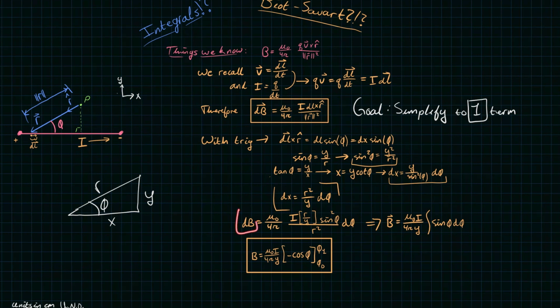So we plug that into our differential b. We have our constant terms, our I, which haven't changed, our dx or dl turned into r squared over y d phi. I wrote that down wrong. Hold on.